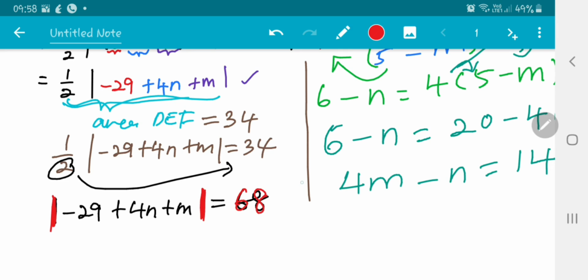So masalahnya yang mana satu yang kita nak pakai untuk kes ini. Disebabkan ini melibatkan area, satu perkara yang you kena ingat.